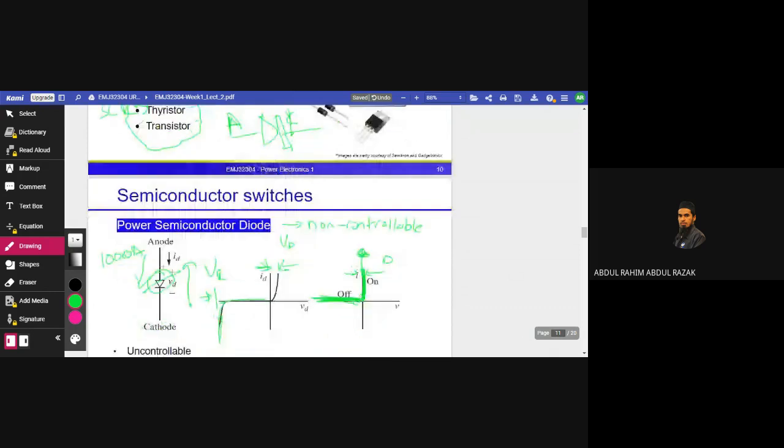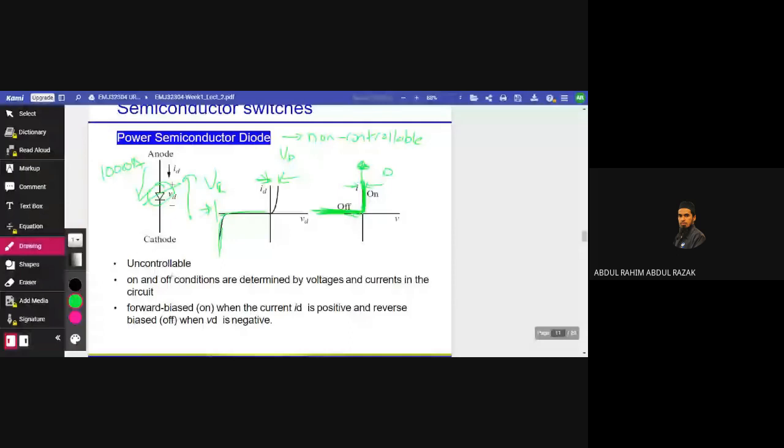The diode is one of the non-controllable switches or devices. For a diode, the on and off conditions are determined by the voltage and current in the circuit. When we have a forward bias, the current flows from anode to cathode, so the diode will pass the current, I diode. When it flows back, the diode will block the current.